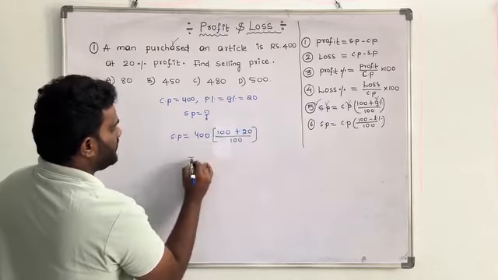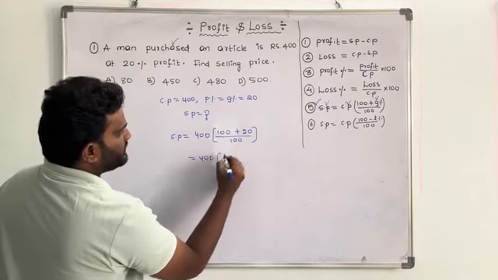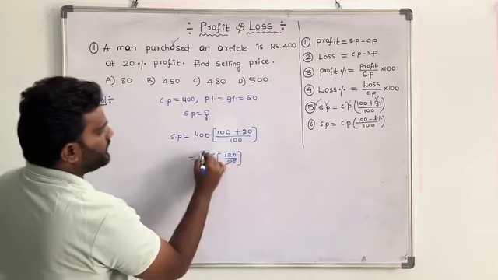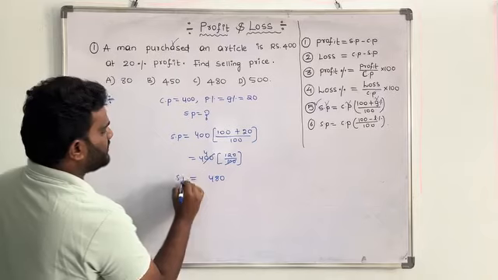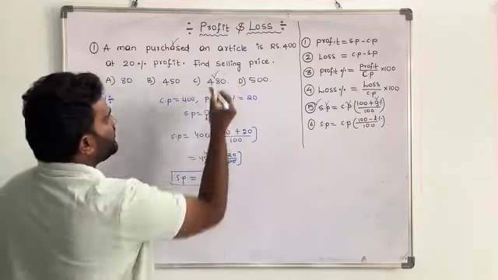Solving this: 4 multiplied by 120 is 480. So the selling price is 480. Option C is the right answer.